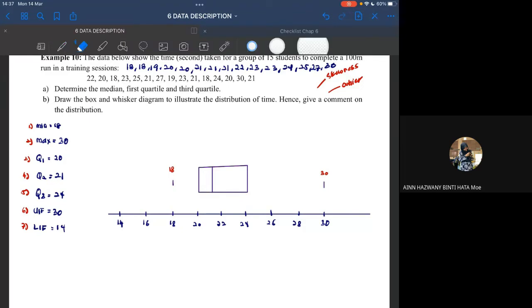Kenapa box saya nasi sangat je? And then sambung antara box dengan whisker kamu.